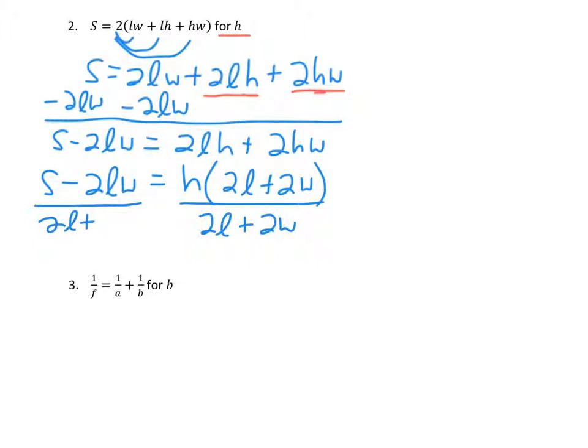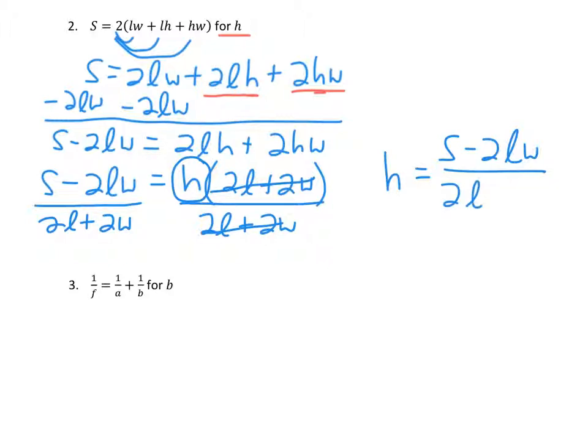Or, I'm sorry, 2L plus 2W. That cancels out on the right side, leaving us with only the h. So our final answer would be h equals s minus 2lw over 2l plus 2w.